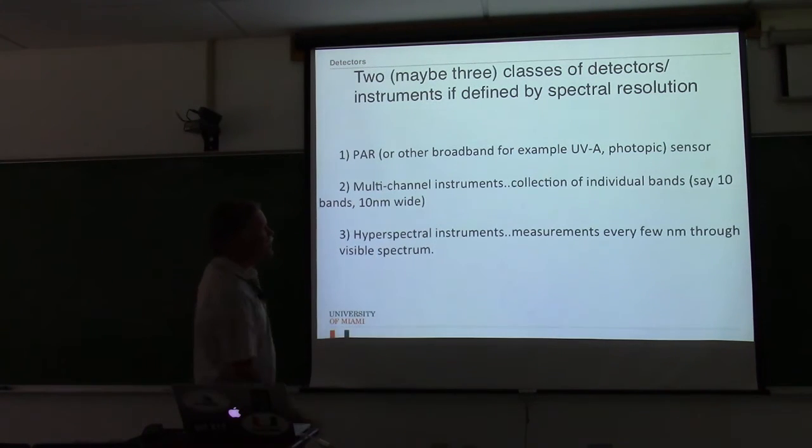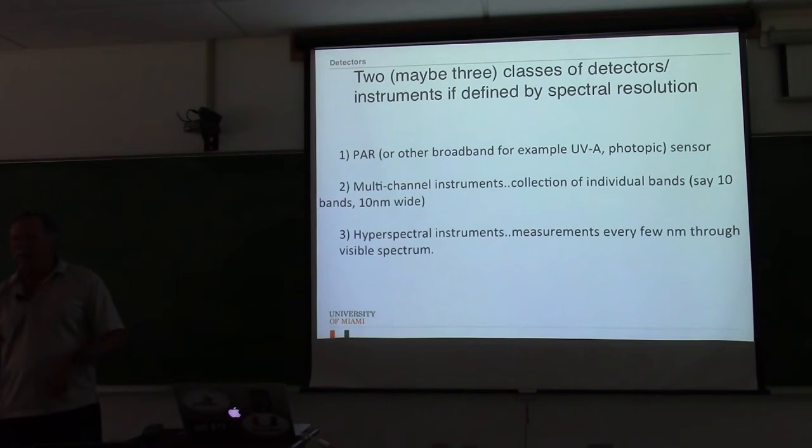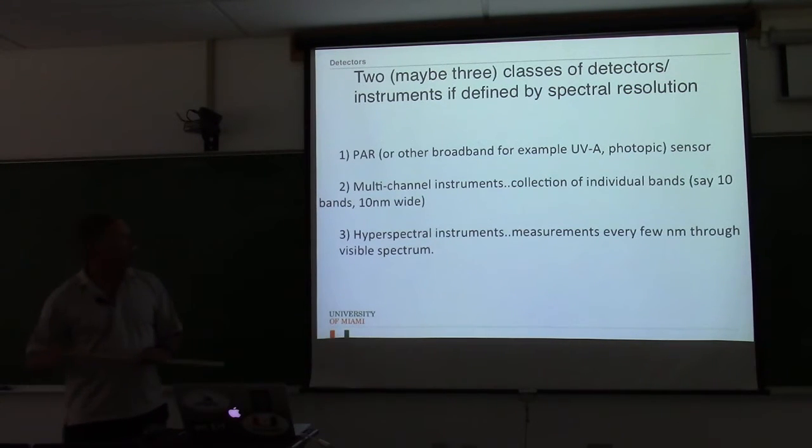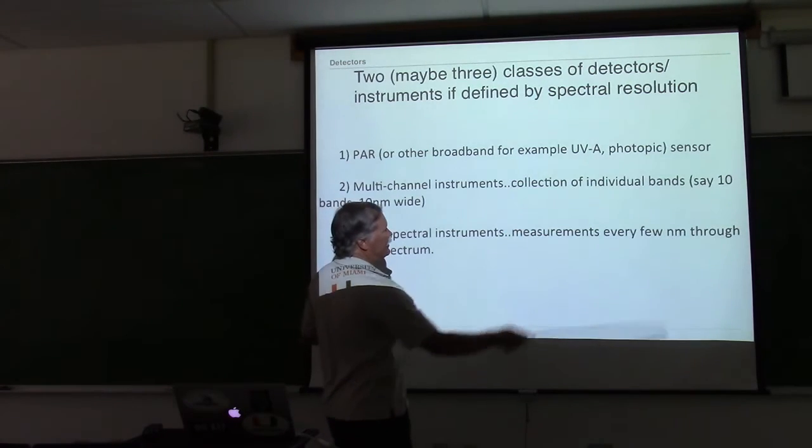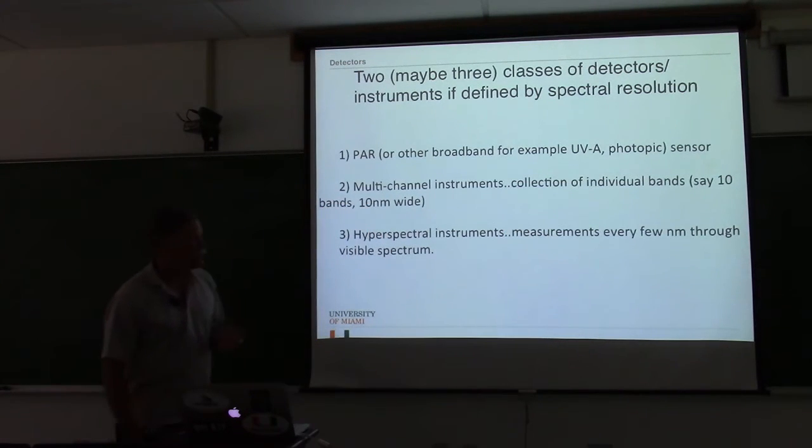There are sensors that measure UVA. In the old days, we measured photopic, which was based on the eye response, centered at 550 nanometers and very, very broad. In fact, almost all of the instruments in the 50s and 60s were basically one filter in this photopic to try to match the eye response. You had to do something at one wavelength, so choose that.